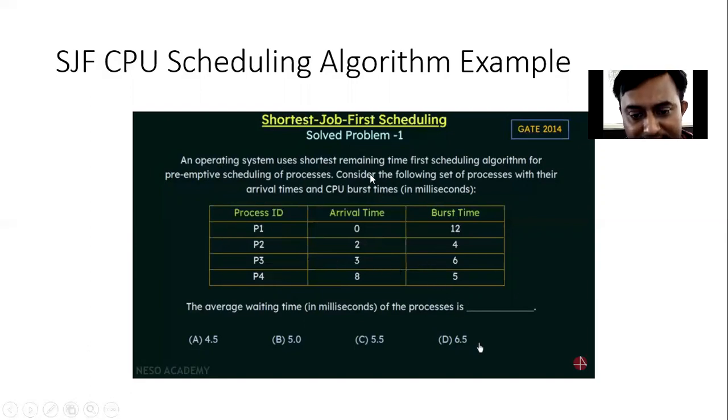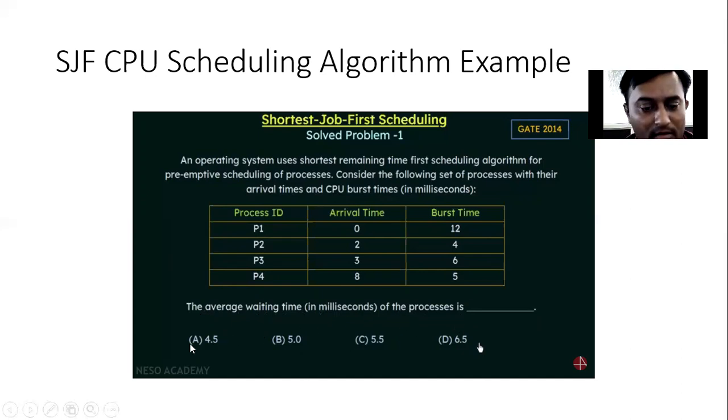You need to execute this example by considering the primitive SJF scheduling algorithm. What is expected from this example is that you have to find out the average waiting time, in milliseconds, of the processes. In this case, there are various options.